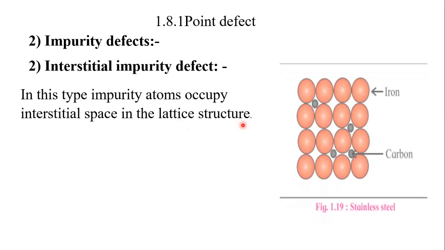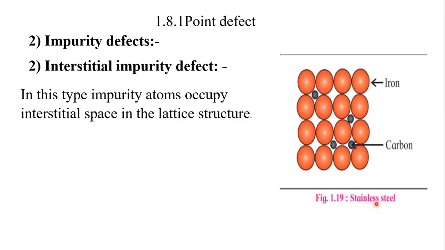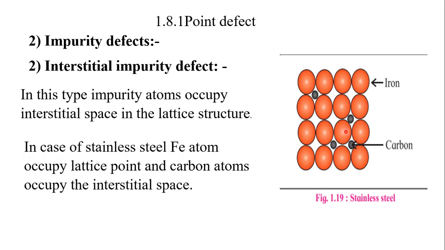So in this what happens, suppose this is stainless steel, then the host atoms are the iron atoms, and the interstitial position, the empty space between these lattice points or lattice particles, is acquired by the impurity atom. Here carbon is the impurity atom or foreign atom. So in this type of impurity, the impurity atom occupies interstitial space in the lattice structure.